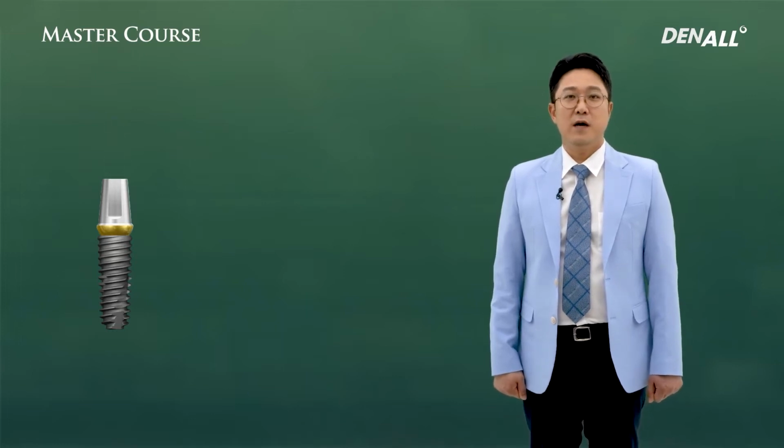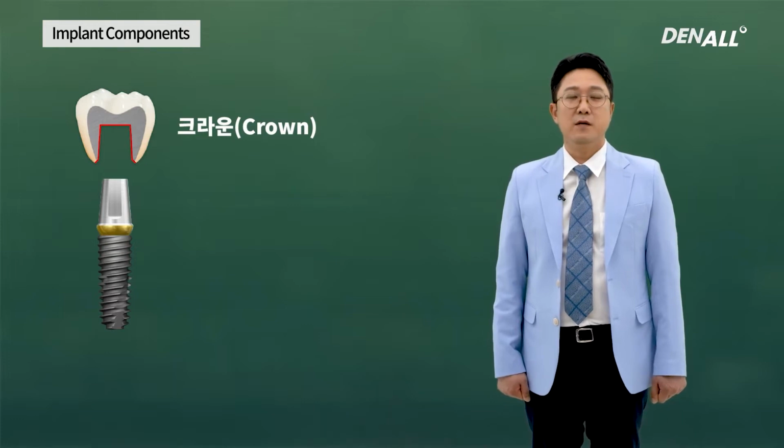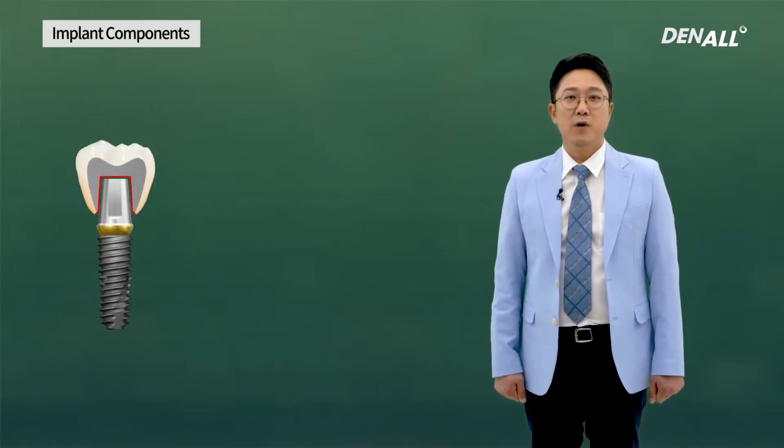Once the fixture and abutment are connected with the abutment screw, you connect the implant crown on top of it, like a crown of a tooth, and implant treatment is completed.